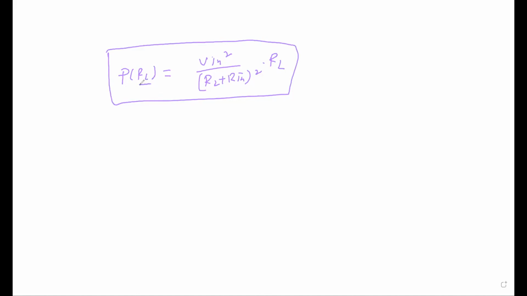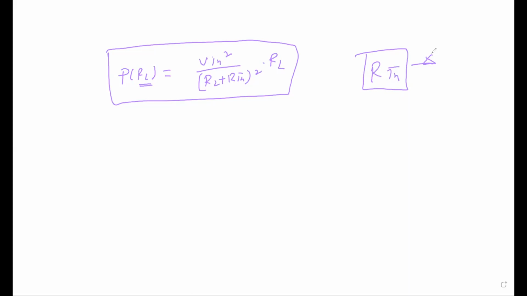But this problem can be converted into a multi-dimensional type. How, I will discuss a bit later, because in R_TH we may have many things involved. For example, it is the Thevenin equivalent resistance of what? Of a network, isn't it? Yes, sir.